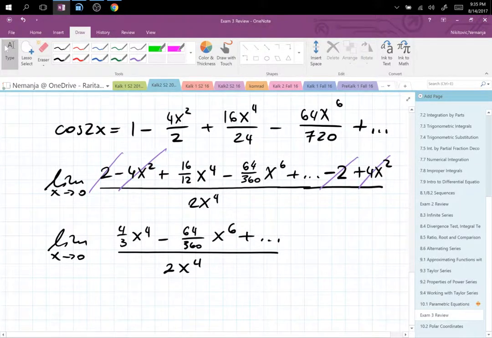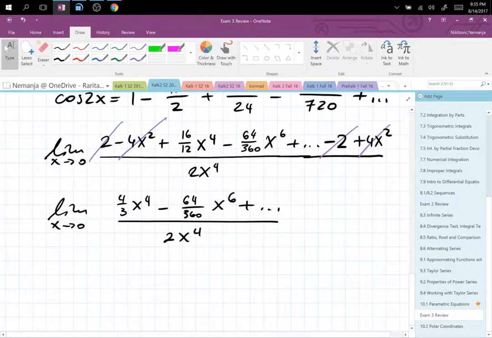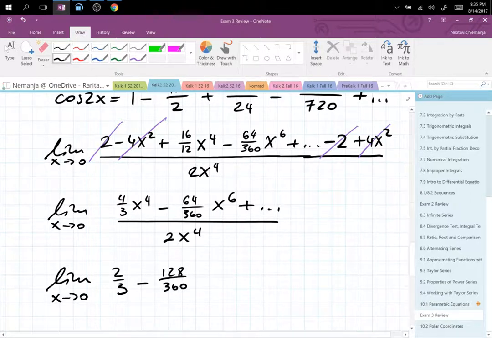So observe that when you divide this, you get 2/3 minus 128 over 360. I know it can be reduced, but let's make it 64 over 180, x squared plus dot dot dot.